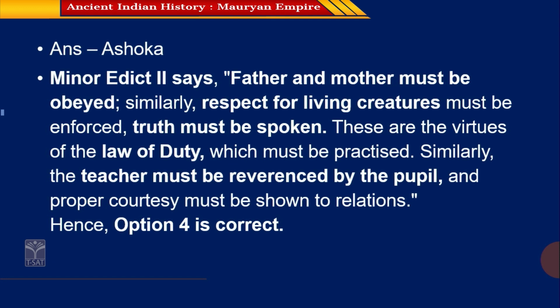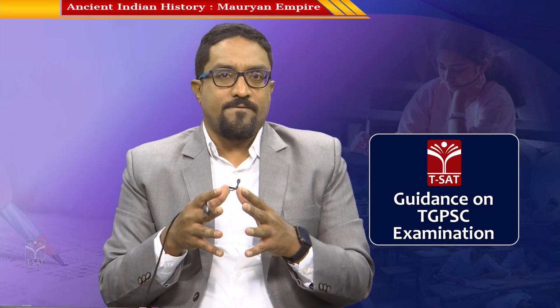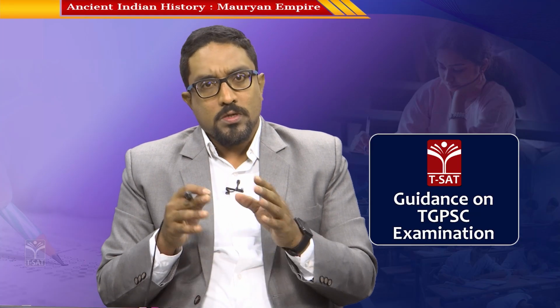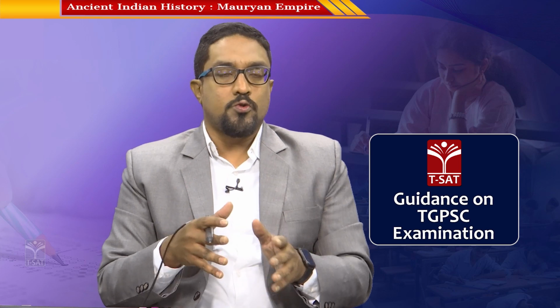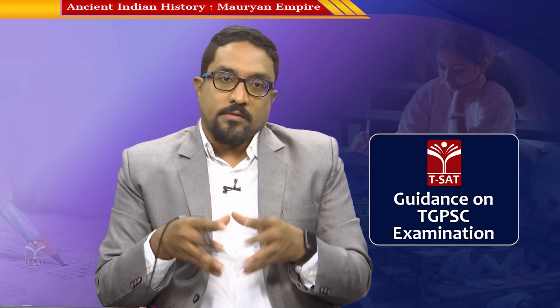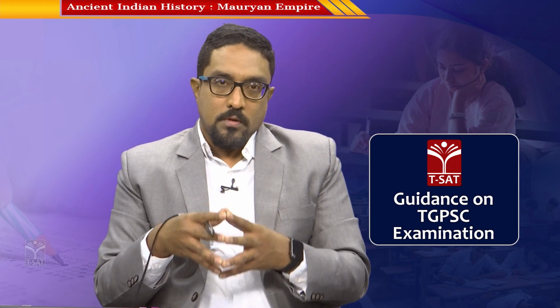The most important event of Ashoka's life was the Kalinga War, which was fought between 268 BC and 261 BC. Ashoka is also known as Devanampiya or Piyadasi. Let us see the next question.